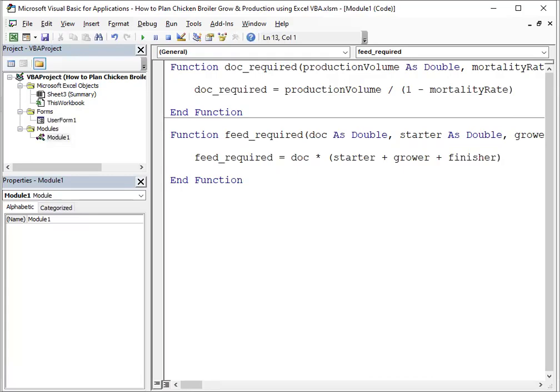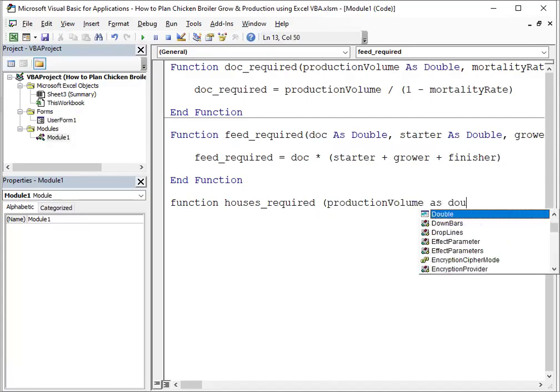Then the third function that I'm going to create is for the houses requirement. Function houses underscore required. We're going to say production volume. Very important is the production volume, because that would be the basis of the production planning, as double again.